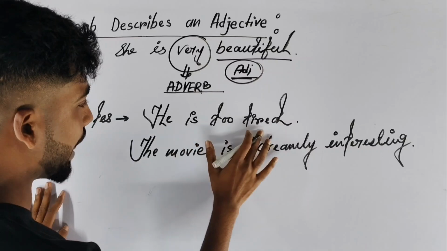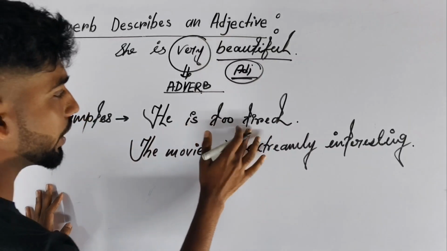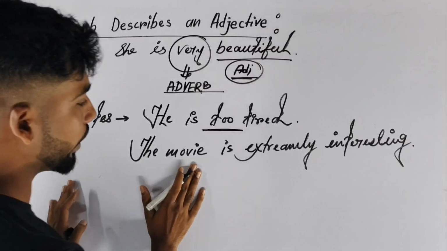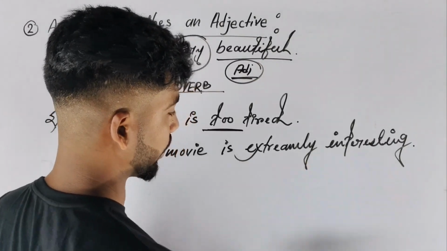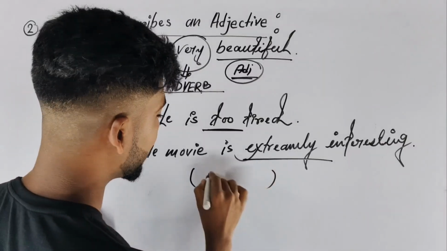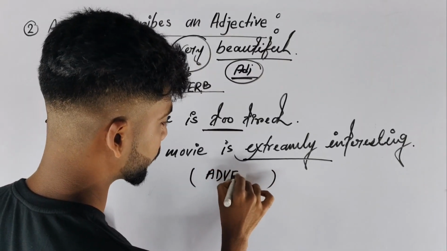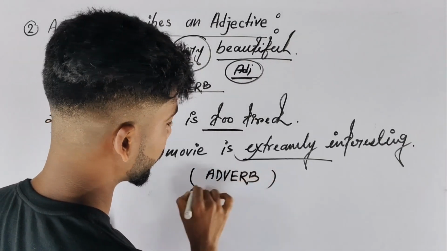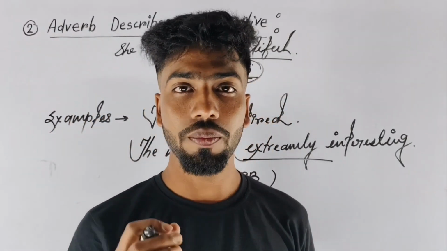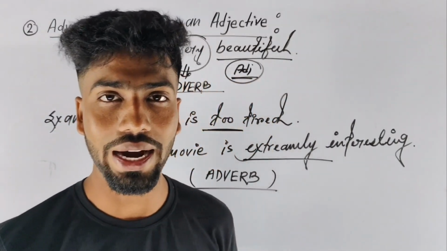He is too tired. Okay, he is too tired. Here, too. And last one, the movie is extremely interesting. Okay, here, extremely. These words are called adverb. And here, the adverb gives us more information about an adjective.